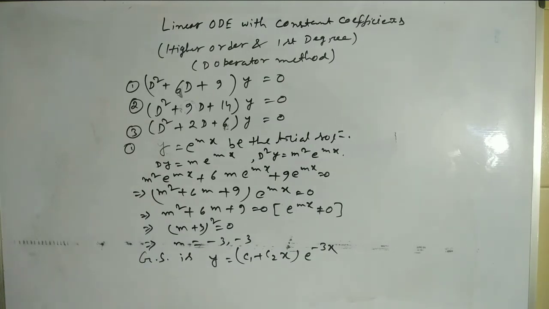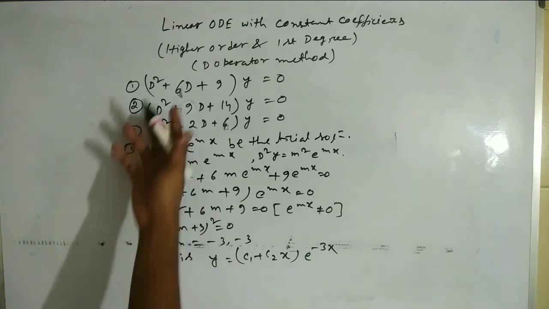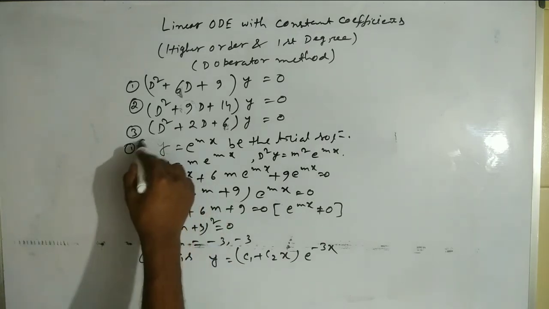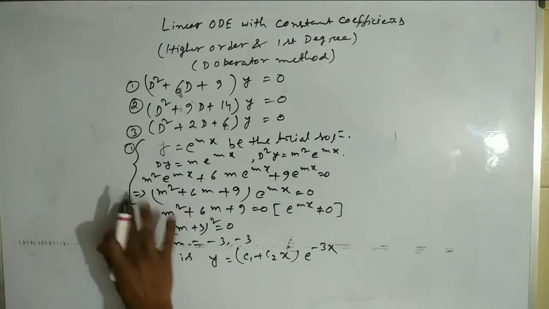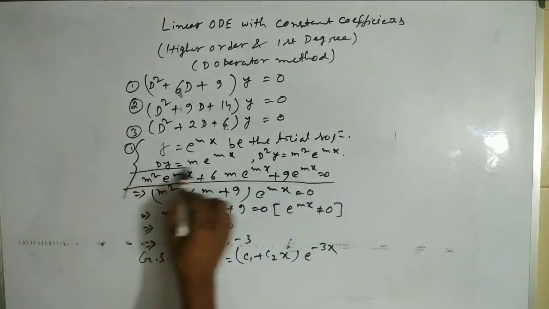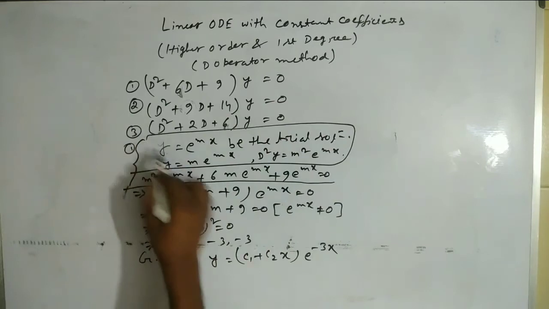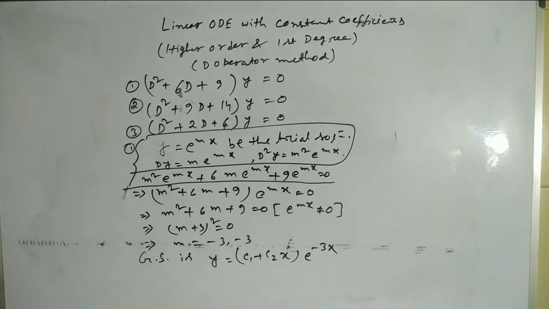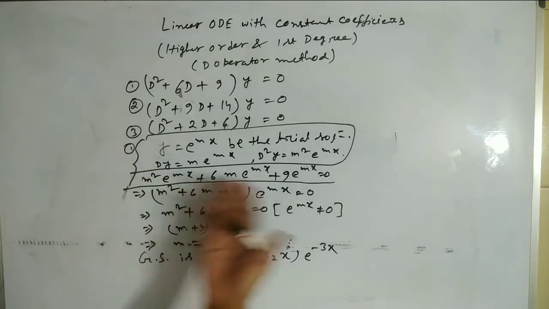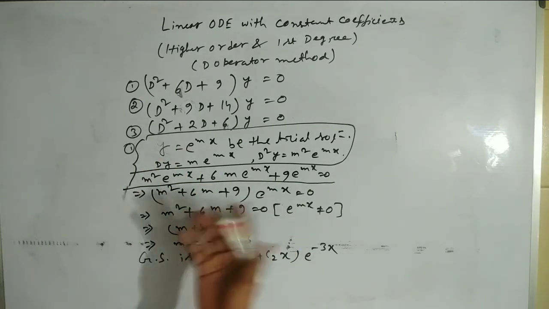Okay, now we are considering equation number 2. Now this part will be the same for all the sums like this. Let y equal e to the power mx be the trial solution, and we have to find the required differentiation of y, and then we have to put the values.